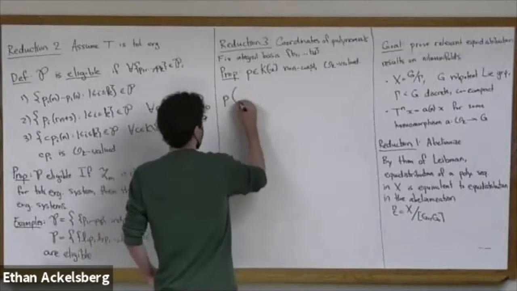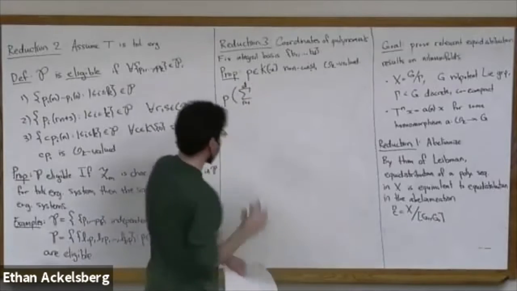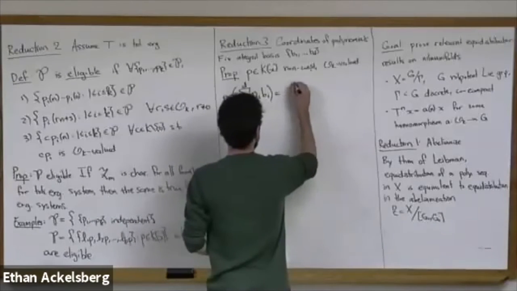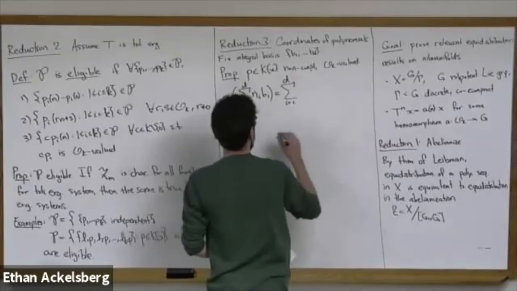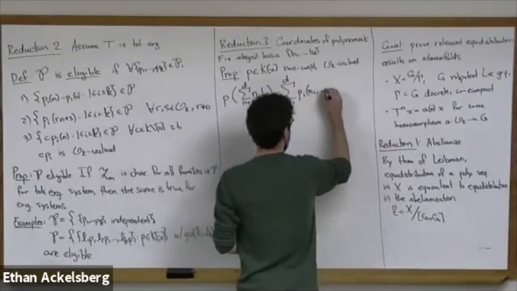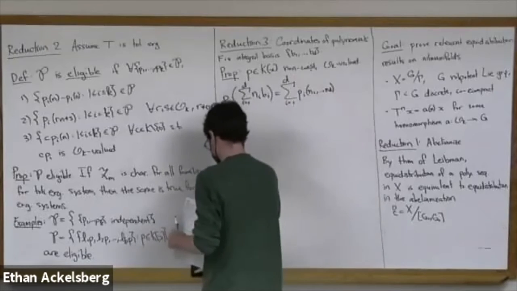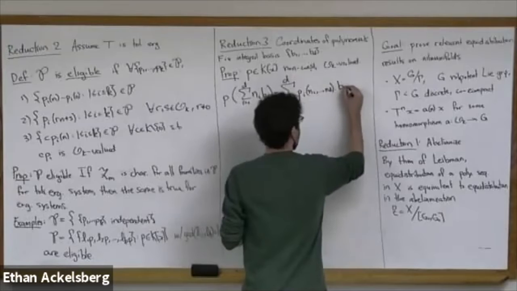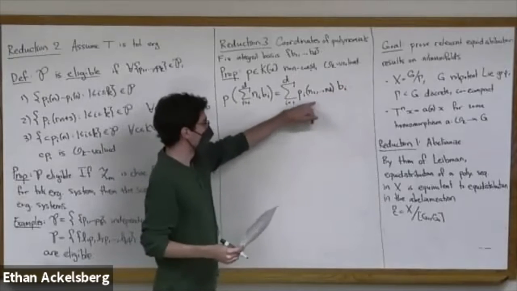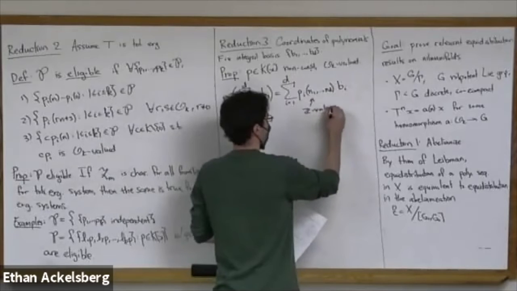So we can write P of a sum like this, and then we assume that it's integer valued, which means we can write the result again as a combination of the Bi's, and this polynomial Pi is going to be Z valued.